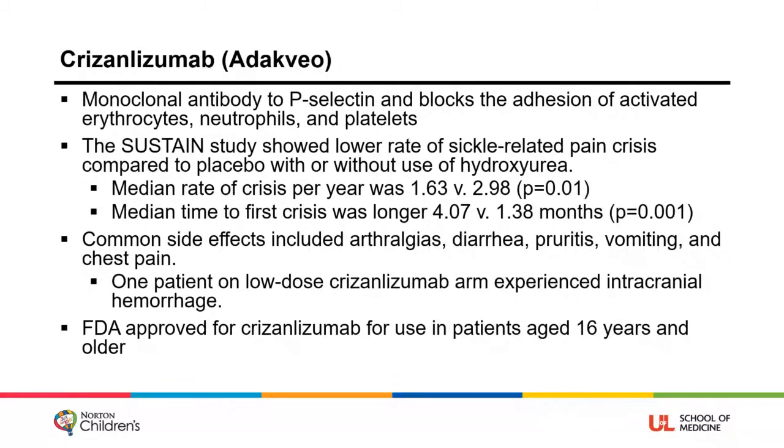There were some concerns about the effect on platelet adhesion due to disruption of platelet adhesion by blocking P-selectin. So next generation agents that block P-selectin, designed to improve safety and duration of action, are in clinical development currently. And this medicine has been approved for patients aged 16 years and older.